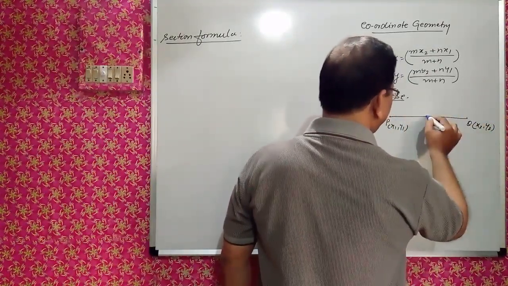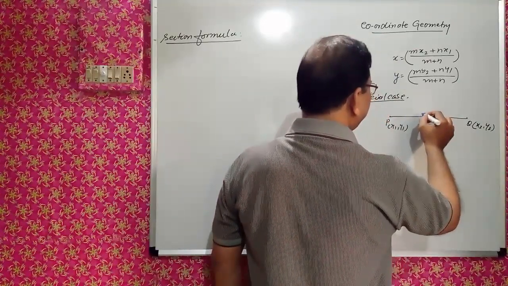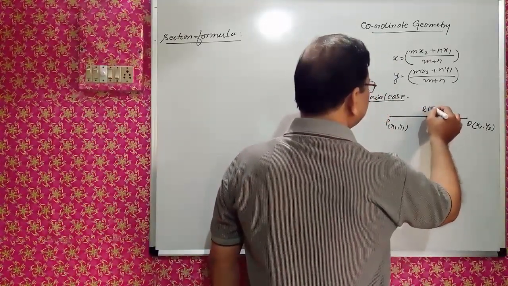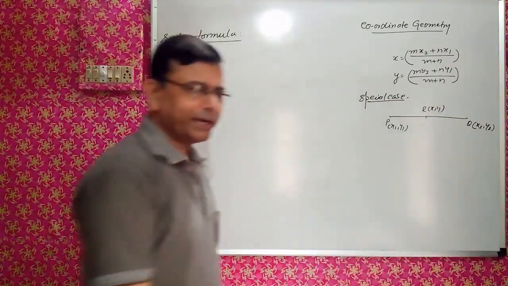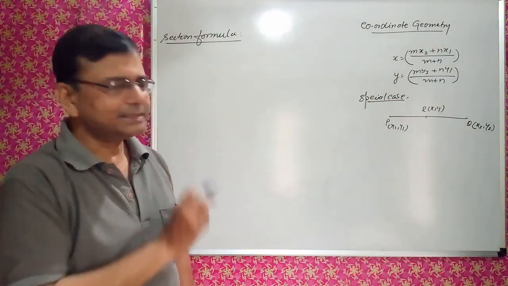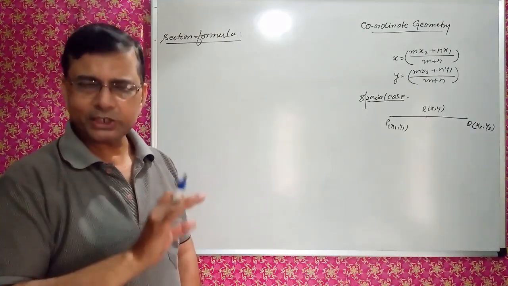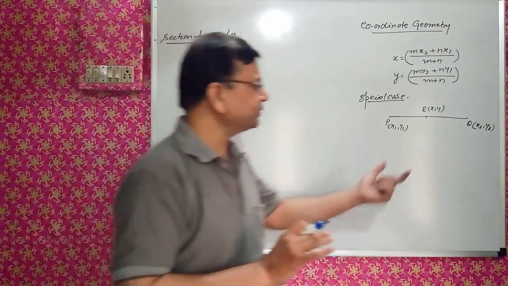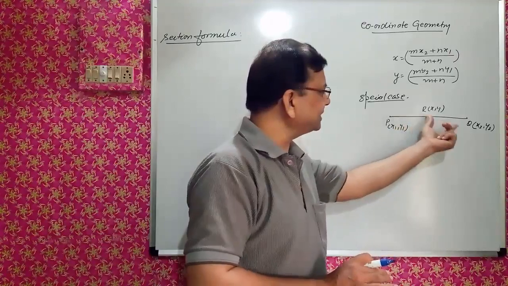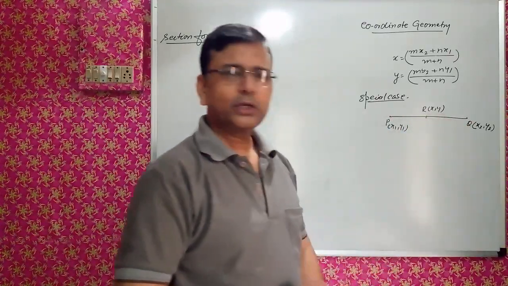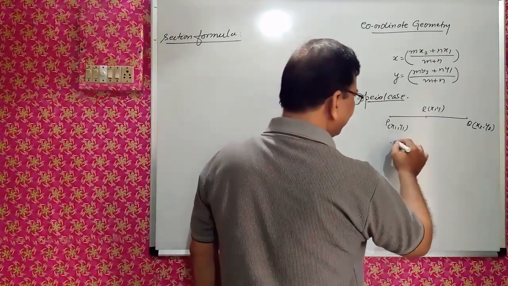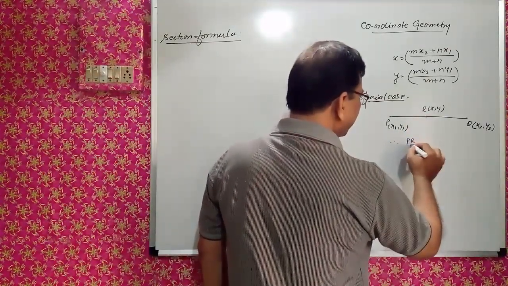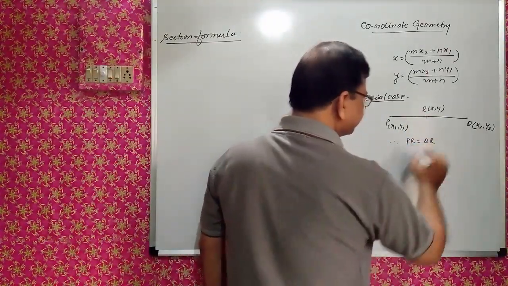It is joined and this is the midpoint R, that is (x, y). So since it is a midpoint, it divides the line segment in equal ratio, right? Equal ratio in the sense its length will be the same. PR is equal to QR. R is the midpoint. Therefore, PR is equal to QR.